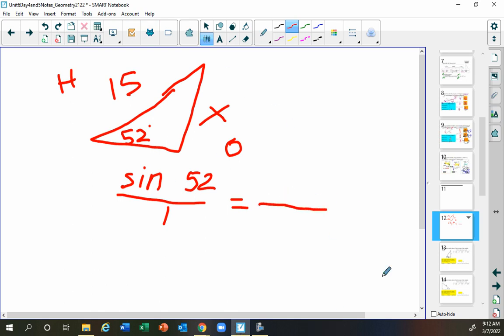I don't know how I lost my slide just now, but was it 15 over x or x over 15? Who remembers? Remember the sine is what over what? What's on the top? Is it the opposite or the hypotenuse? Yep, it's going to be the x because it's the opposite.